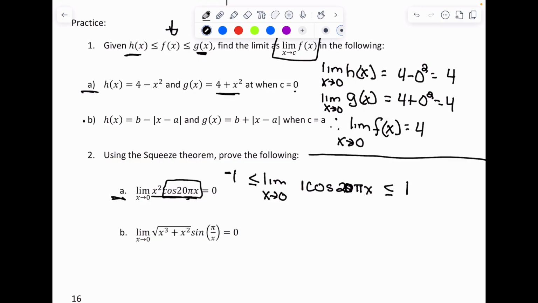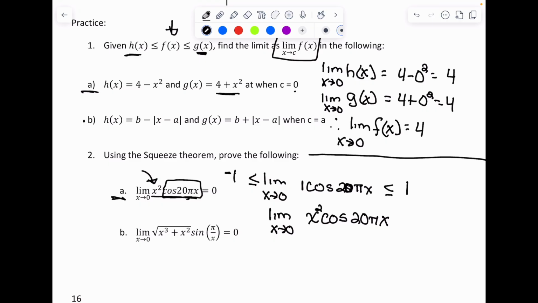Okay, so I know that this limit has to be between -1 and 1. That doesn't help me much because I'm looking for x squared. Well, what if I took the limit as x approaches 0 and I multiplied this quantity by x squared, cosine 20 pi x?